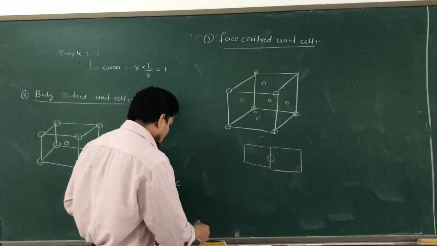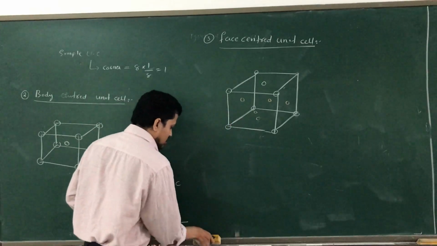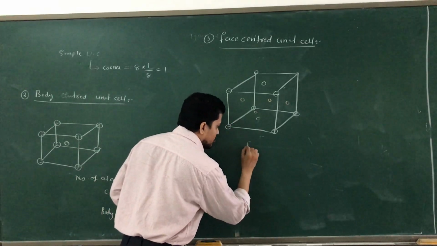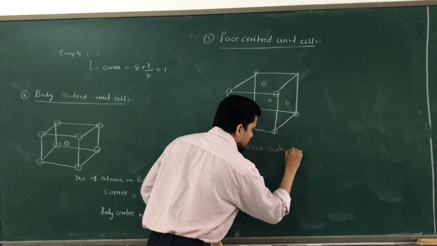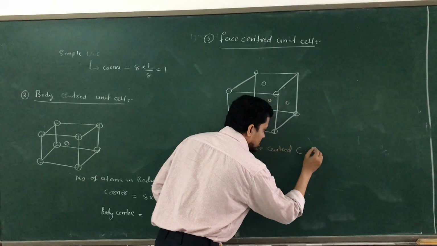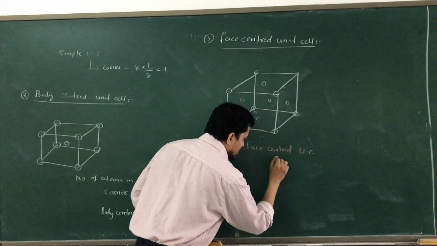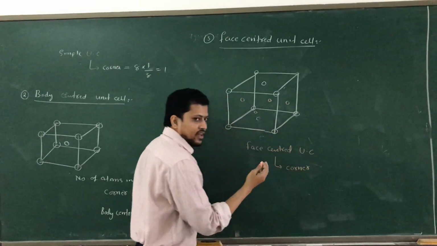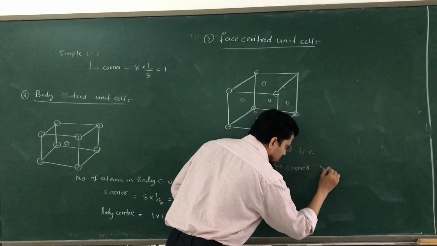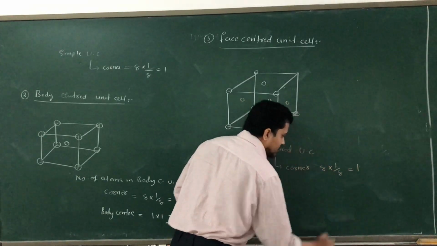So we can say how many total atoms are present in a face centered cubic unit cell. First we have to go for the corner. In the corner we have 8 atoms and each contributes 1/8, so it is going to be 1.